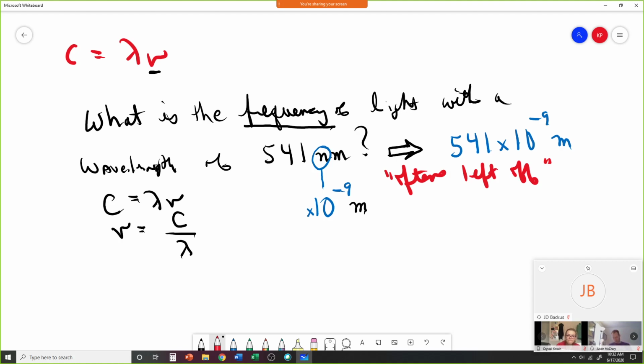Okay. Now, is this in scientific notation? The answer is no, it's not in scientific notation, but it is true, but who cares?